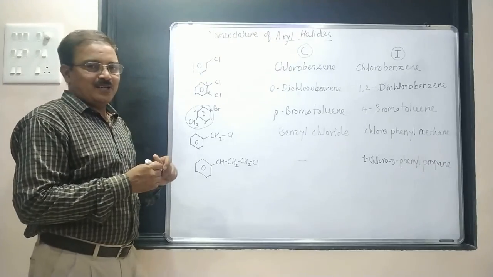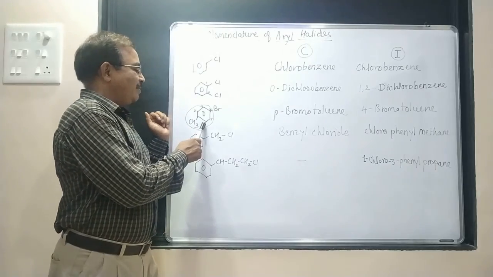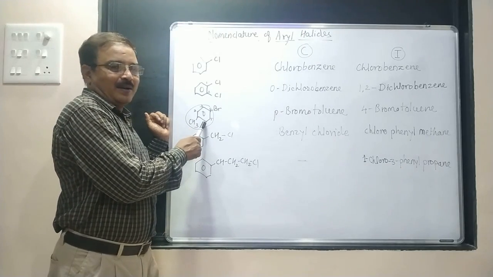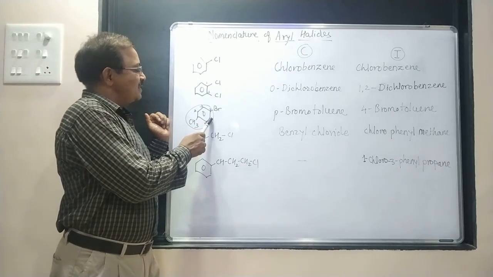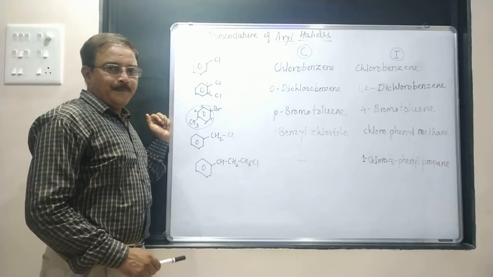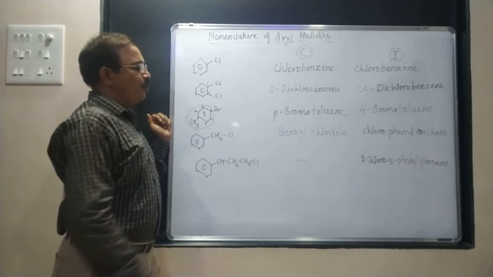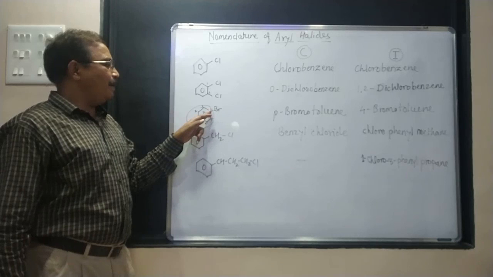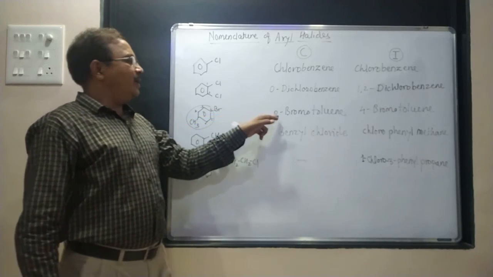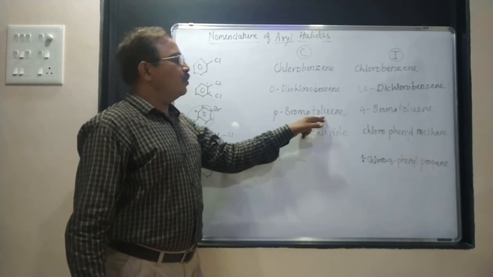The second and sixth carbon atoms are called ortho carbon atoms. Third and fifth are called meta positions and fourth is called the para position. So according to the common nomenclature system, as the halogen is present at the para carbon atom, the common name is para-bromotoluene.